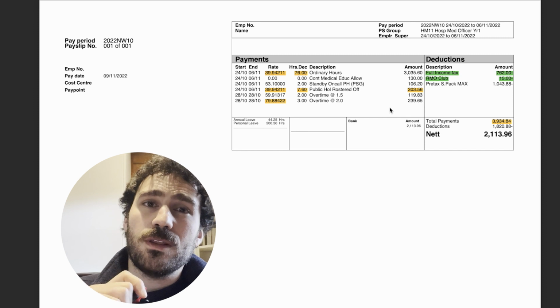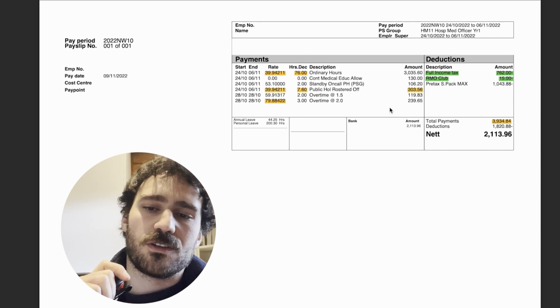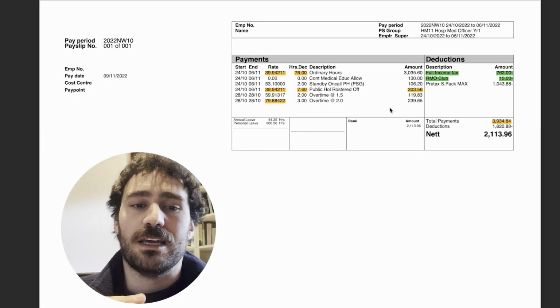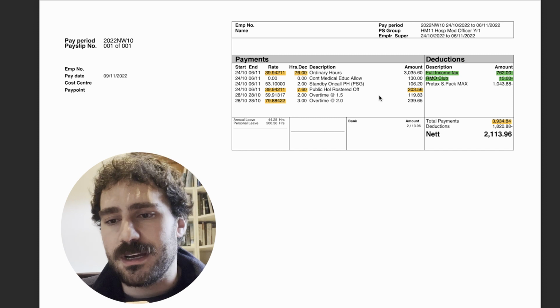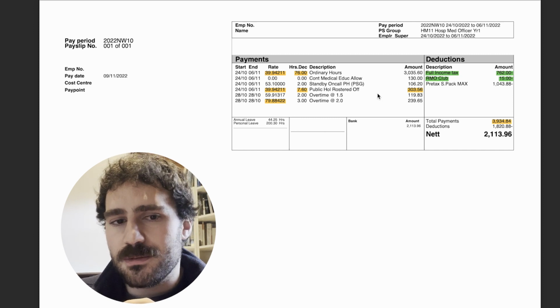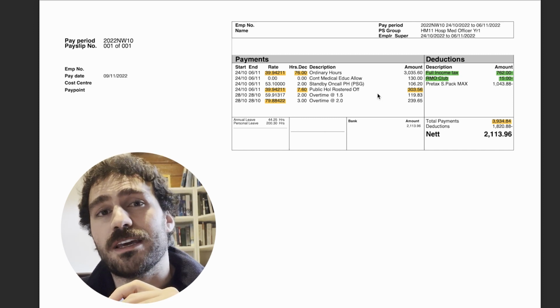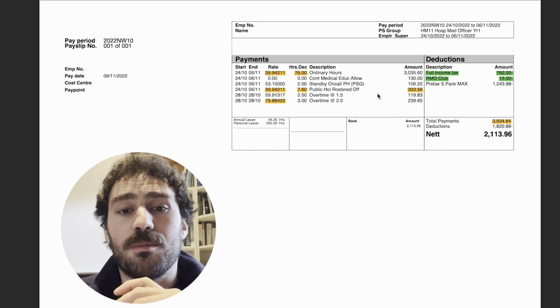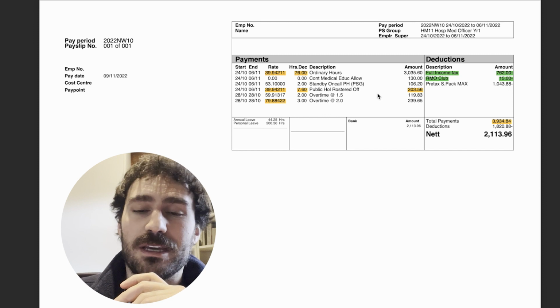Now, look, the thing with this is you want to make sure that it's the right payslip. The one thing that's super helpful for this is the DiT Paycheck. And I use this periodically to make sure that I get all my payslips correct and that I'm not missing any money that I should be getting.